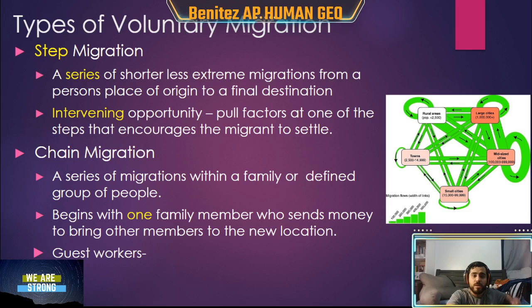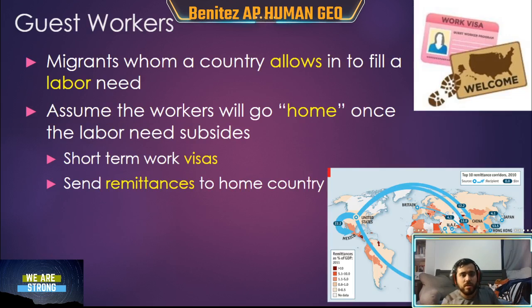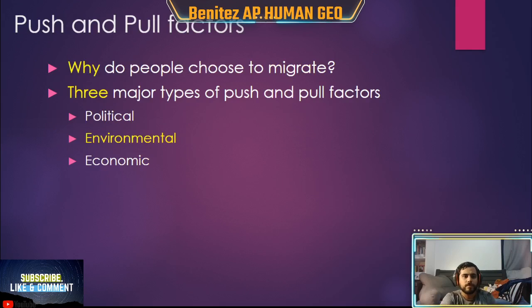Another type of voluntary migration is something called guest workers. This is where a country like the United States takes in people from India, from China, from Africa, from the Middle East. They take those people, they bring them here to America so they can work. All right, let's move on to the next section.